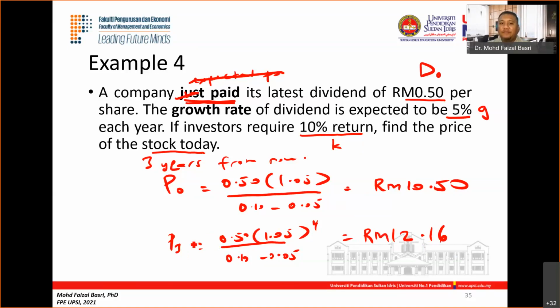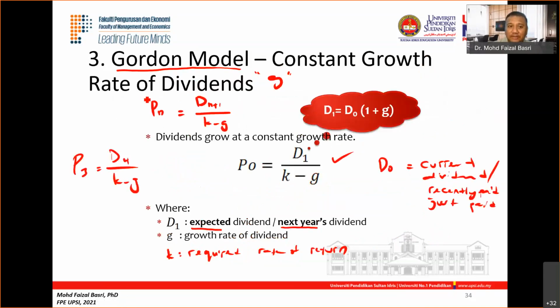Okay, so be careful of the question. Read until the end of the sentence. The question asks us to find the price of the stock today, which is P0, or something else. If it's something else, you need to make an adjustment using this basic model.